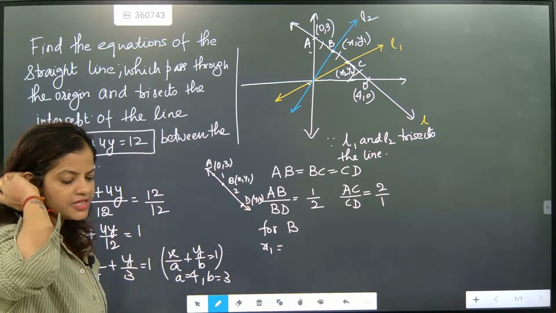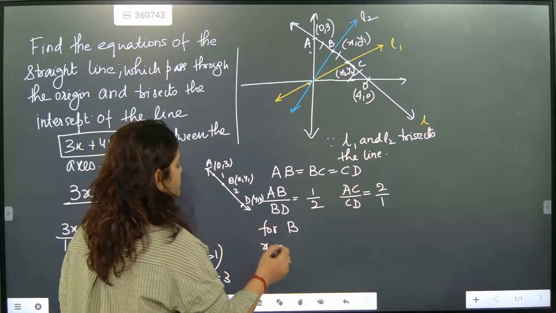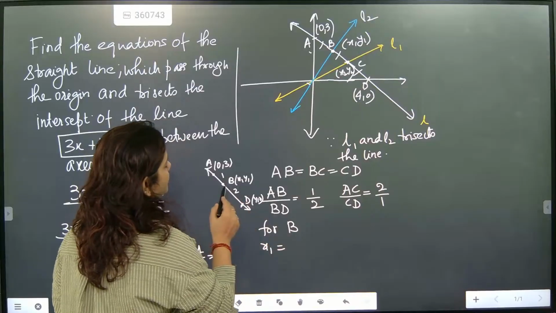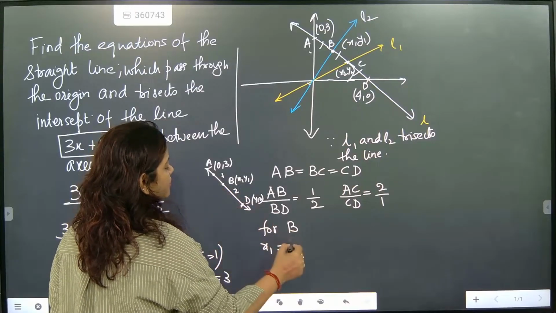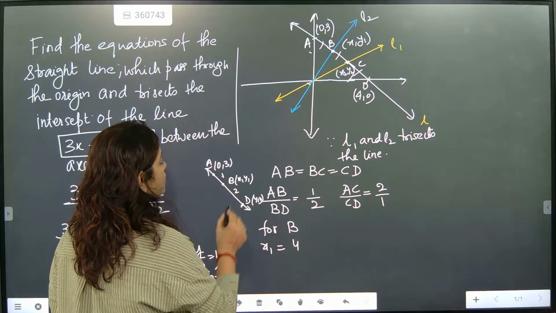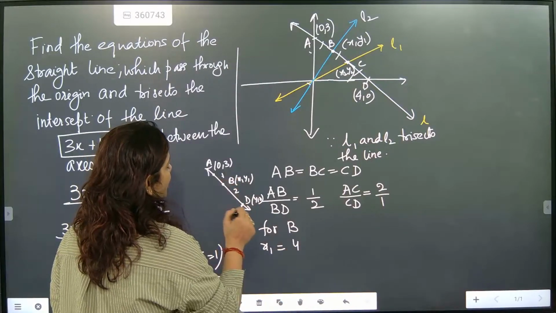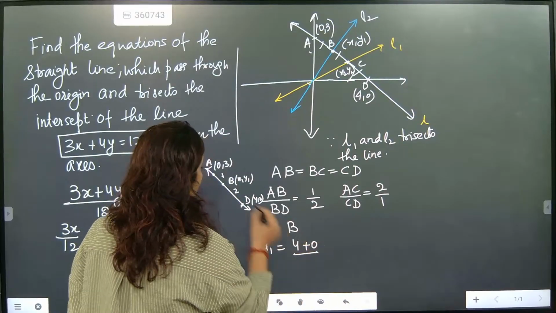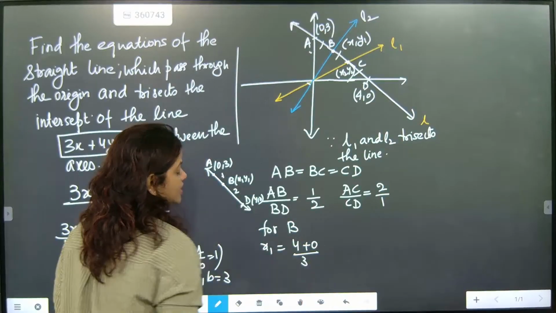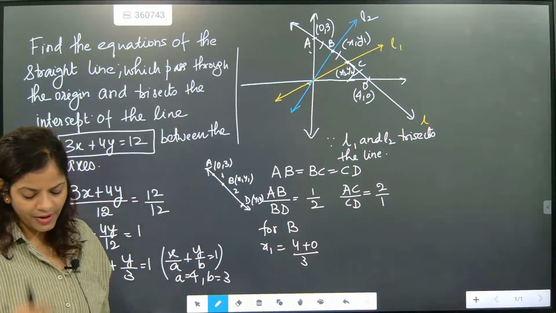So when the internal section formula ratio is 1 is to 2, x1 will be: 1 will multiply with 4, it will come as 4, and then 2 will multiply with 0, so 0, divided by 2 plus 1, 3. So x1 value is coming as 4 by 3.